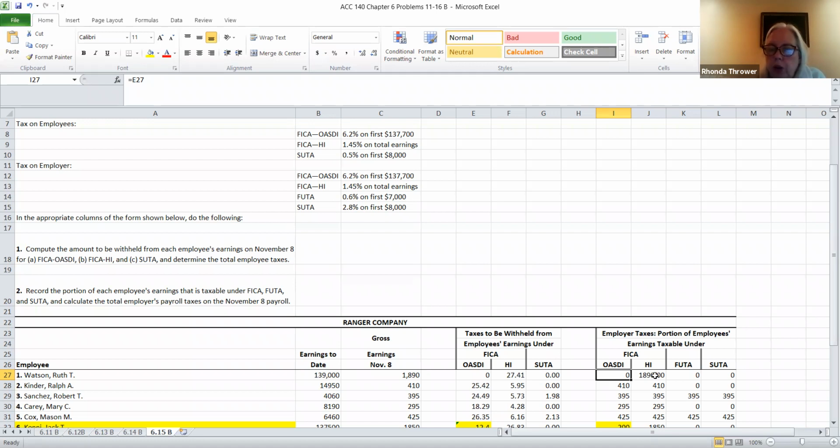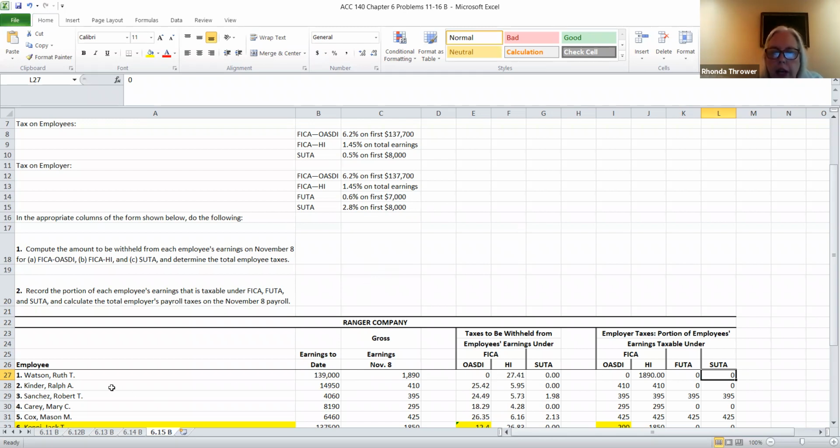For the employer, they have to use the earnings for HI, which would be this pay period's earnings of $1,890. They've gone over the FUTA ceiling for the employer, and the ceiling was $7,000. So this employee's already gone over that amount. So this is going to be zero for the first employee. And the SUTA will also be zero because they've gone over $8,000. And it's not applicable to this pay period.